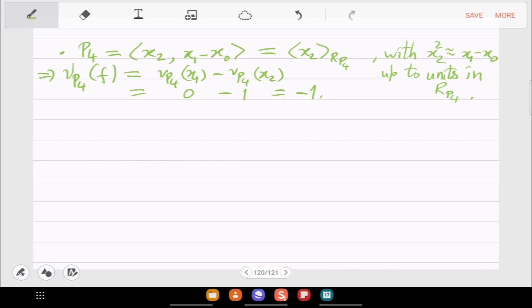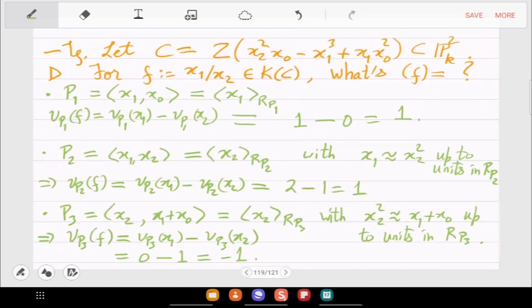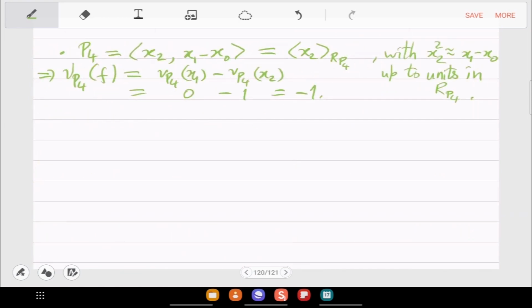So what you have learnt is, this is a very illustrative example. So you have gotten all the zeros and the poles with their multiplicity. So P1, P2 are simple zeros and P3, P4 are simple poles, and there are no other zeros or poles on this curve for this function. So which means what? What is the divisor of f?